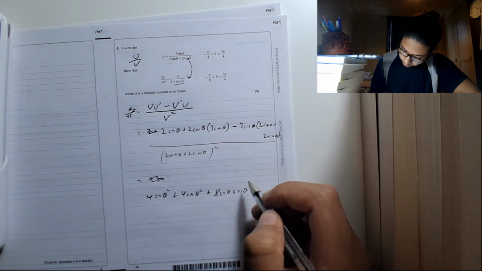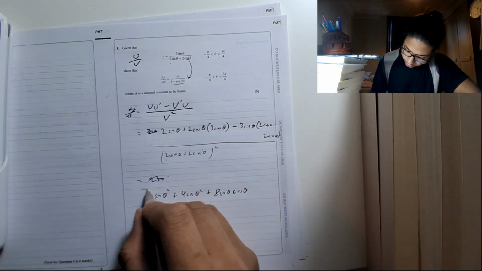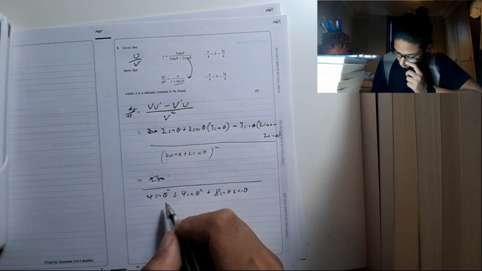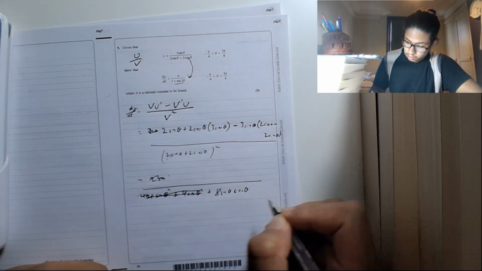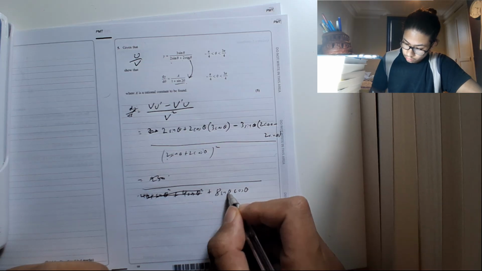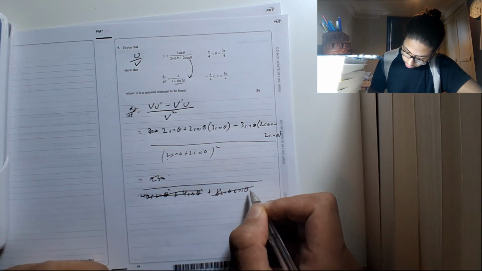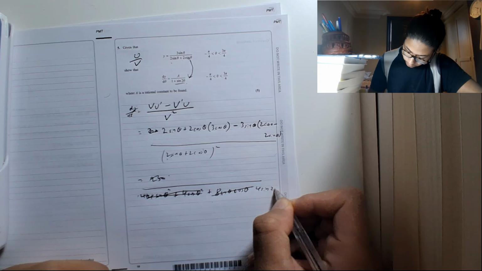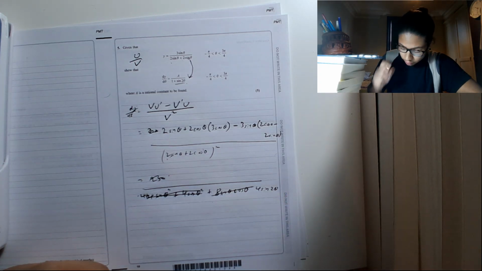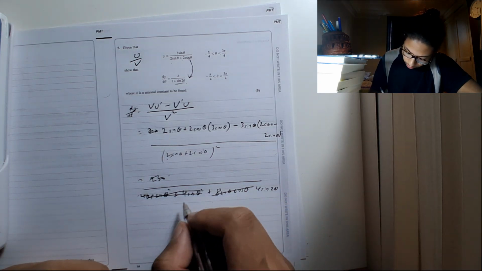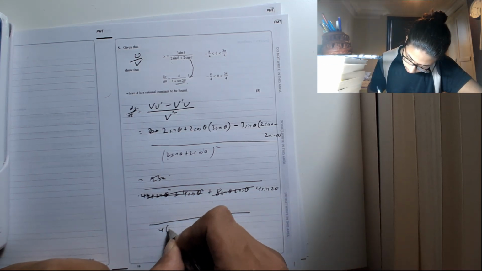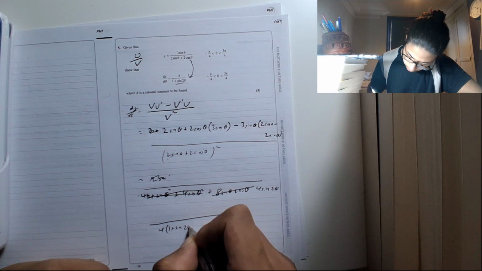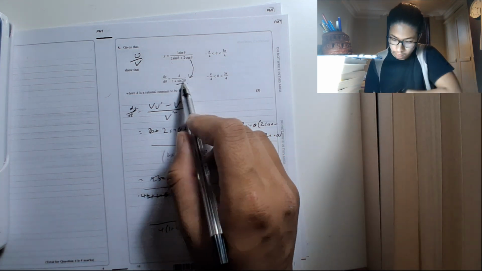Yeah. And then these will become 4, because of the trigonometric identity. And then this will become 4 sine 2 theta. And then we can factor out the common factor of 4, so you get 4 times 1 plus sine 2 theta. This looks promising.